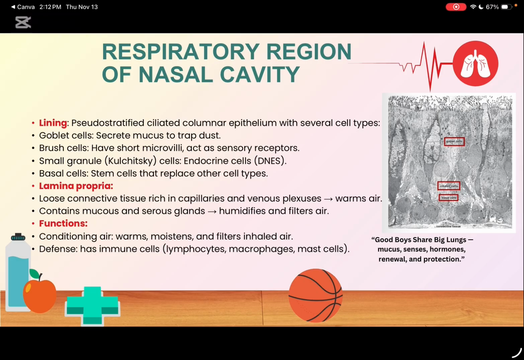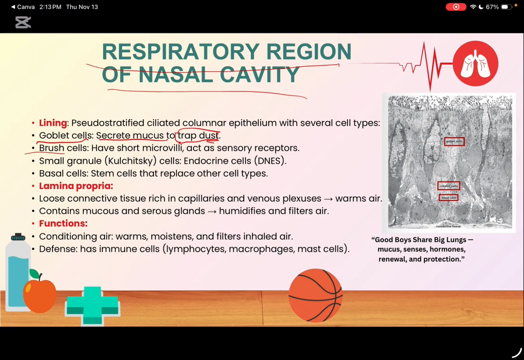The respiratory region. As we said, as we get more inside, it becomes pseudostratified ciliated columnar epithelium, and this is in the respiratory region of the nasal cavity. We have goblet cells in the respiratory region, and what do goblet cells do? They secrete mucus to trap dust.